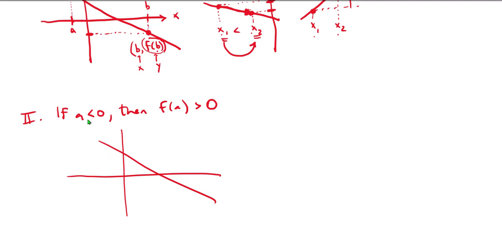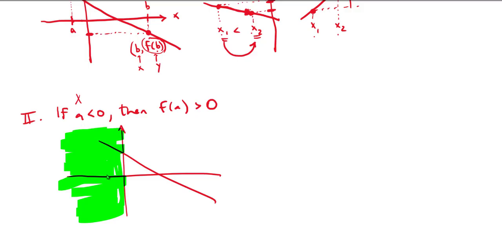If A is less than 0, well remember A is an x value. So x less than 0 means we're over here to the left of the y-axis, right? If A is less than 0, I have to be choosing an x value, an A value that is negative, so again to the left of the y-axis.